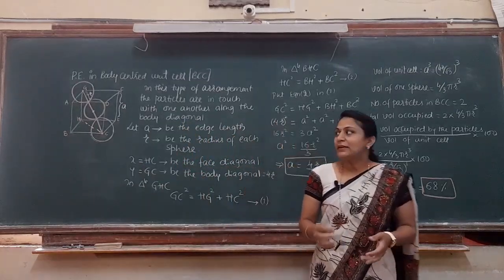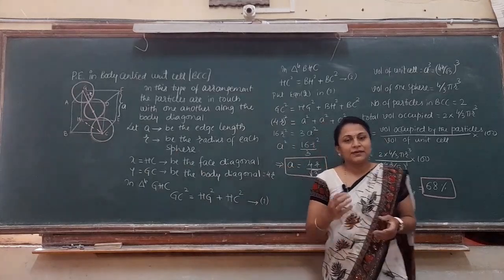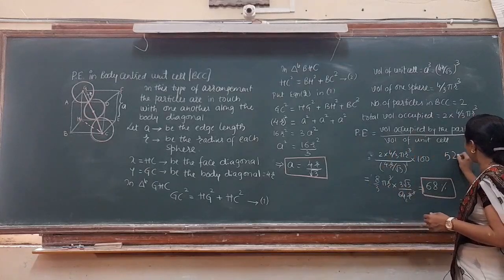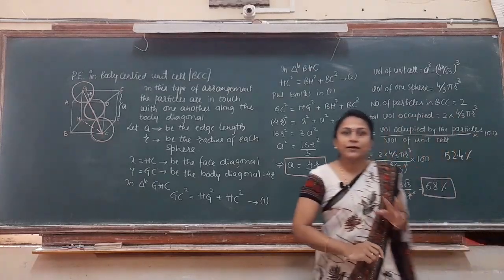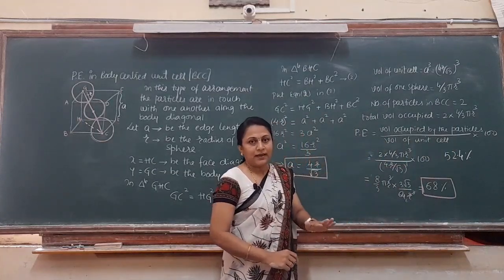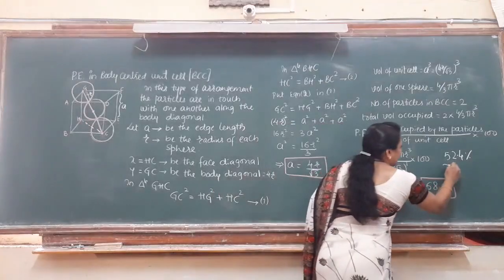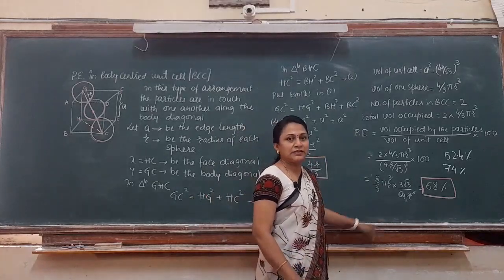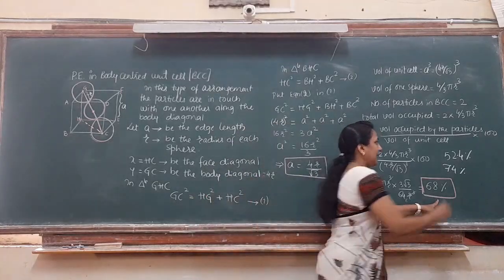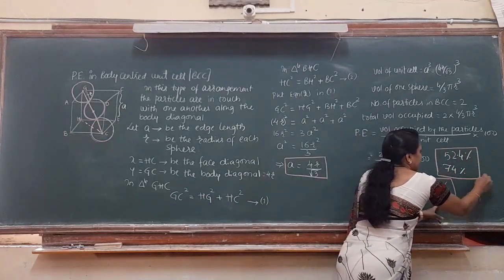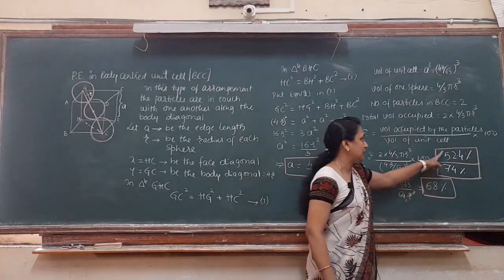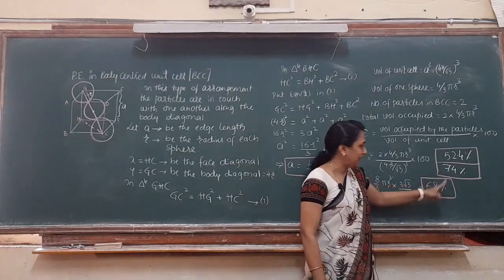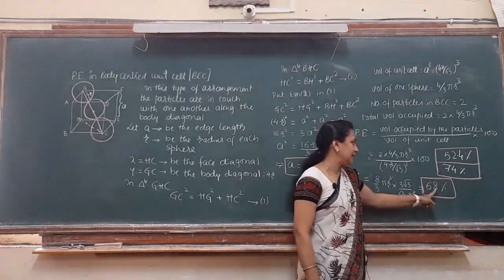So far we have discussed the packing efficiency in 3 different cases. In the primitive cubic unit cell, the packing efficiency is 52.4%, in FCC it is 74%, and in the last case, the body centered cubic unit cell, it is 68%.